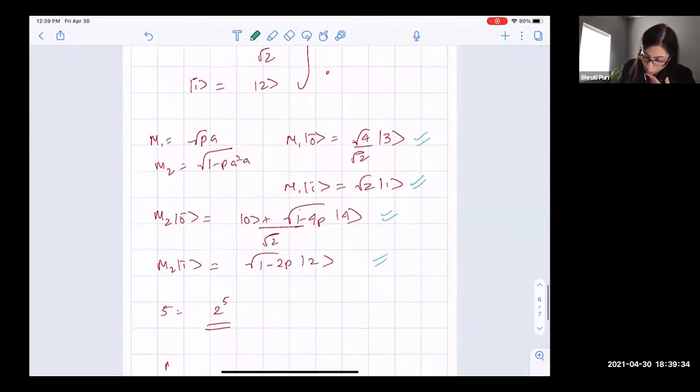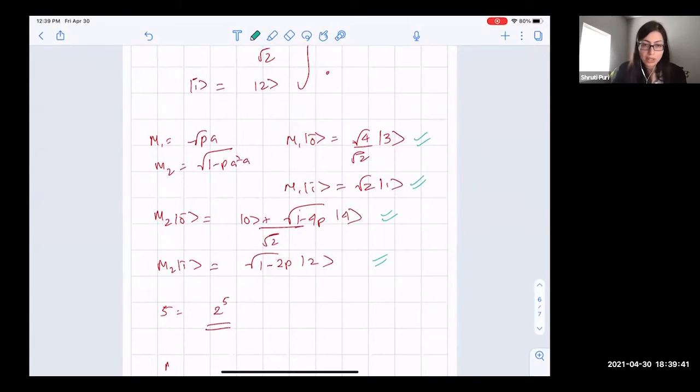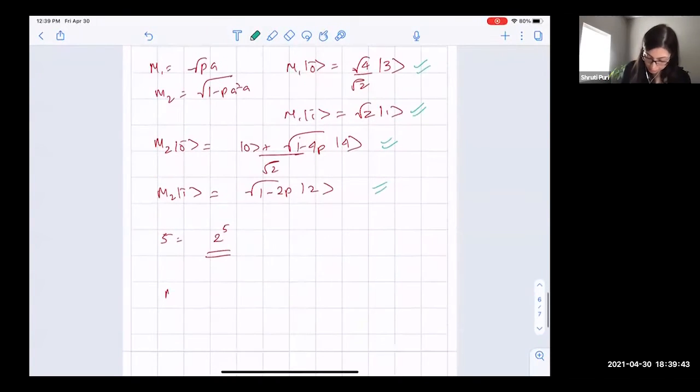So now what you can do is you measure a stabilizer for this code. A stabilizer for this code is the parity operator. And if you went through the notes that I posted earlier, the parity operator is this guy over here.